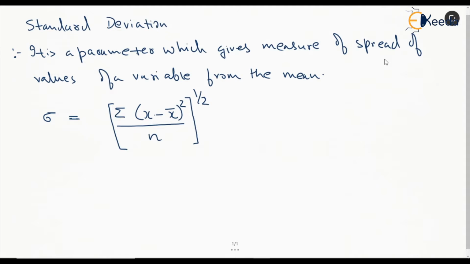So if you want, we can write: x is the values, x bar the mean, n the number of data, right?